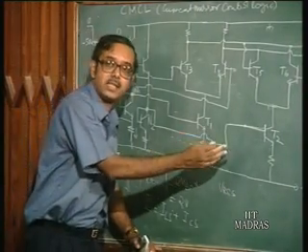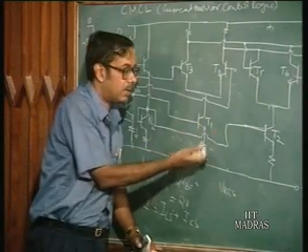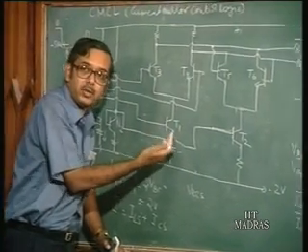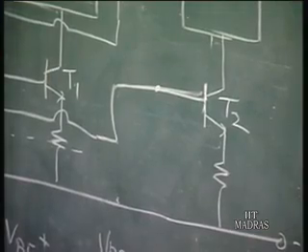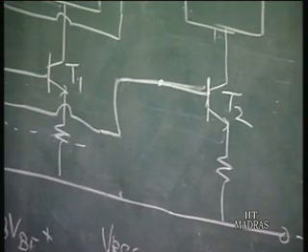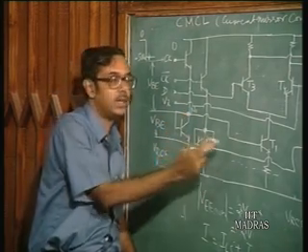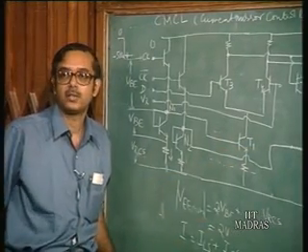So, we can safely say that the current is actually flowing in one of them and the other current is almost 0. That is basically depending on which node, N1 or N2, is high, one of the branches is going to control the current.